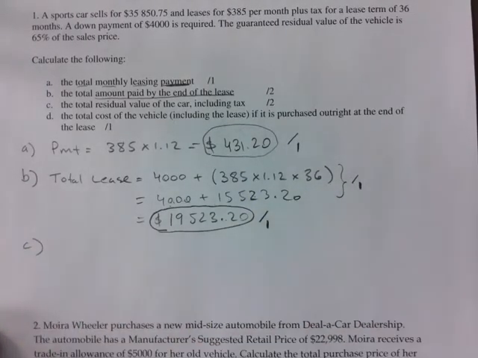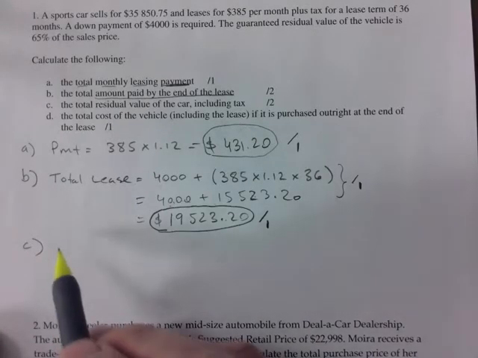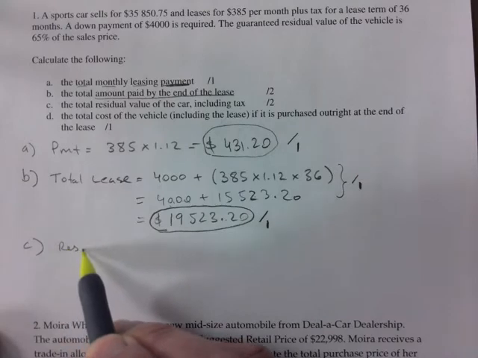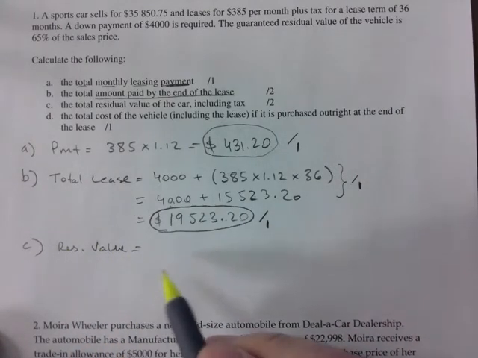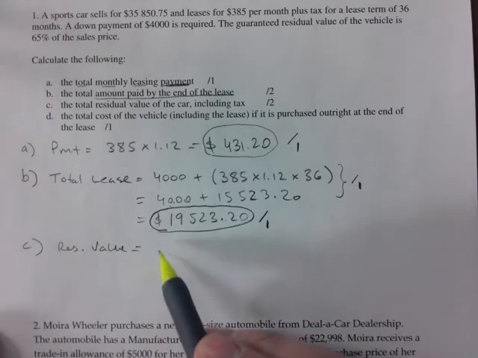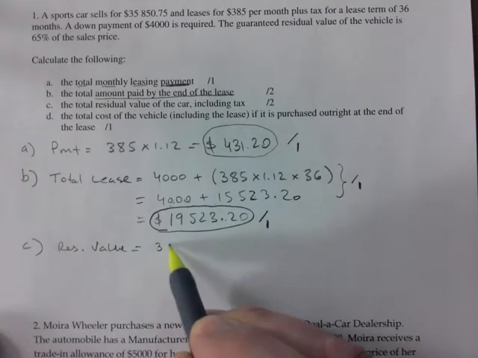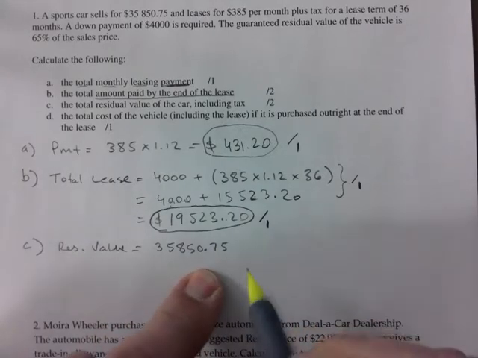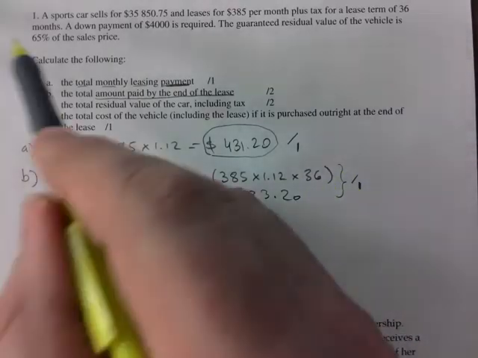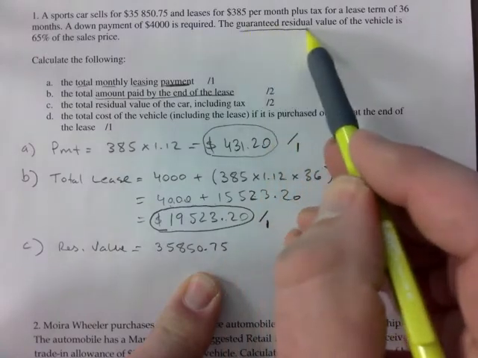C, the total residual value including tax. So residual value, if I want it after taxes, you just need to multiply by 1.12 at the end. So I take what the value of the car is at the beginning, right? And I'm told that it's going to be the guaranteed residual value, right?